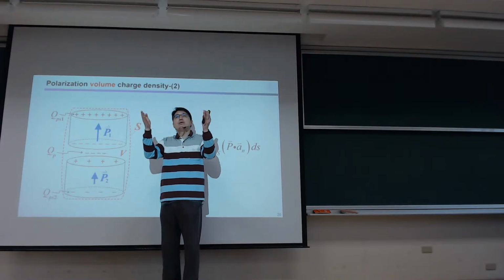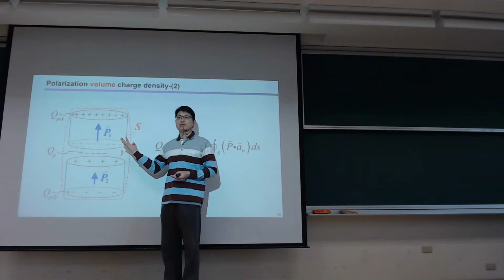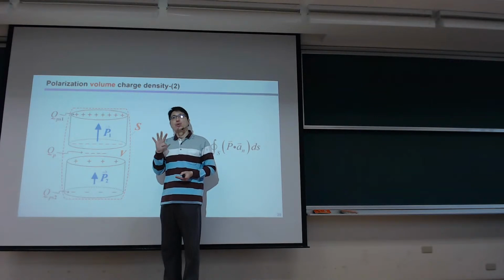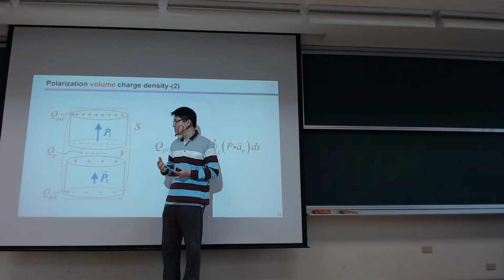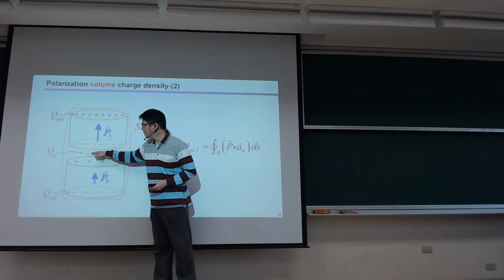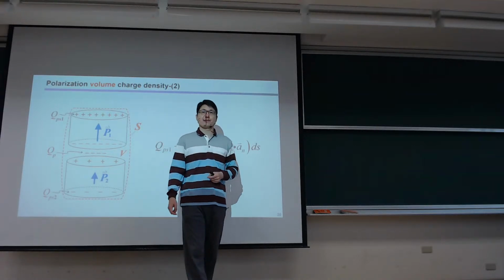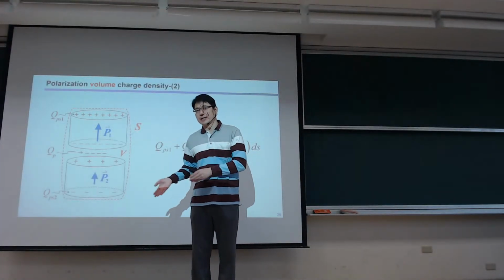So I sum all the surface charges up, I have 4 positive charges. But I still need to remain charge neutral, so the only chance is that inside, I have 4 negative charges. Okay?